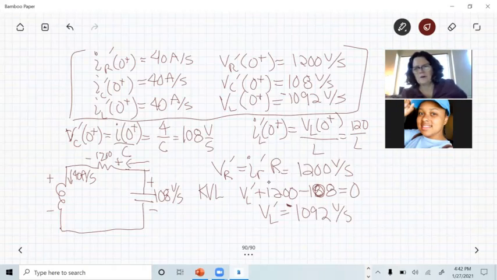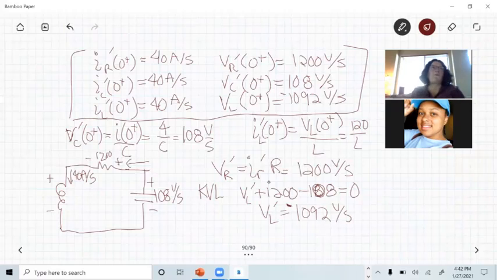Oh, I see what you're saying, like using phasors, because you could have put it in the frequency domain. They're DC sources, so phasors don't work. They're switching circuits, so phasors don't work real well.